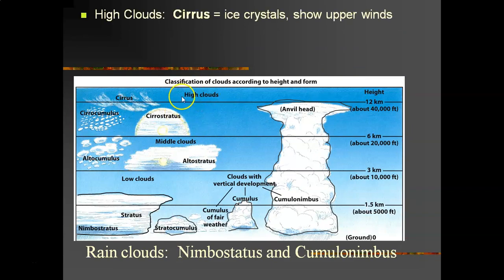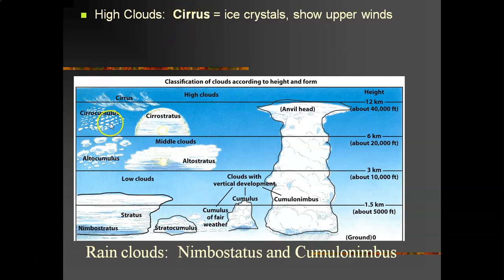All right. So clouds that occur at the highest altitudes, between about 4 and 8 or 9 miles up, way on up there, are called the high cloud family. And what you need to know is that the high cloud family are known as cirrus clouds.